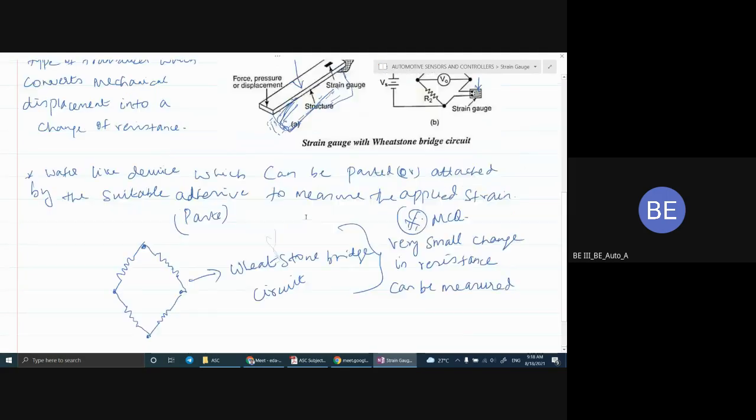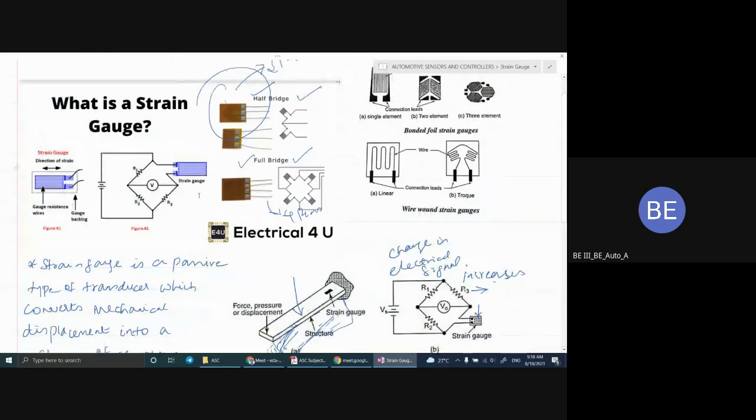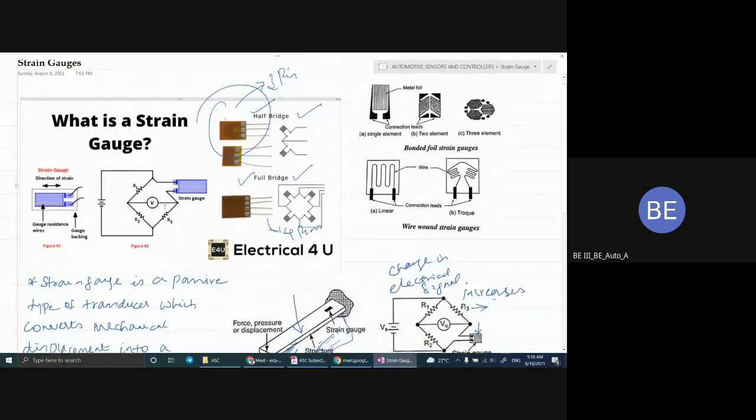How is this Wheatstone bridge circuit built? Here it consists of two gauges and single gauge, right? There are four active gauges for the full bridge circuit and two gauges for the half bridge circuit.